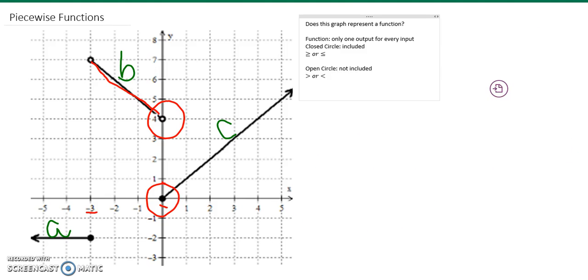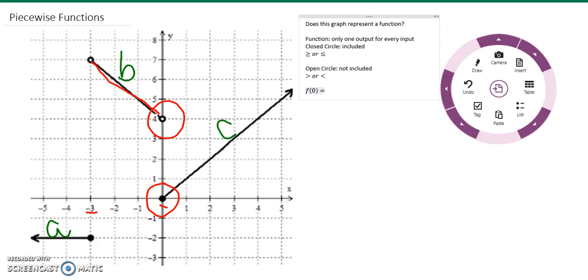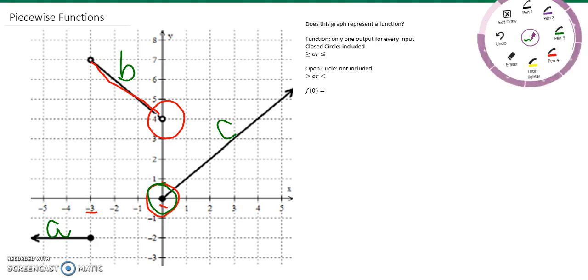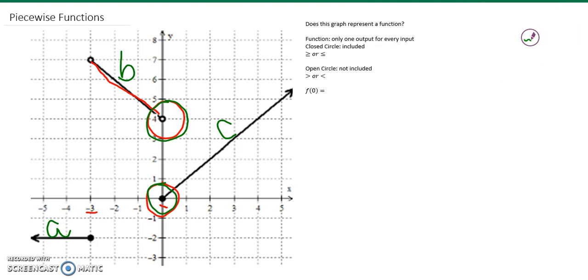Based on our definition of a function and the definitions of a closed circle and open circle, we can check by evaluating the function at f of 0. Looking at the points f of 0, we see that there are 2 points, and I am circling them again. And we see that a closed circle means that the point is included in the function, and that an open circle signifies that the point is not included in a function.